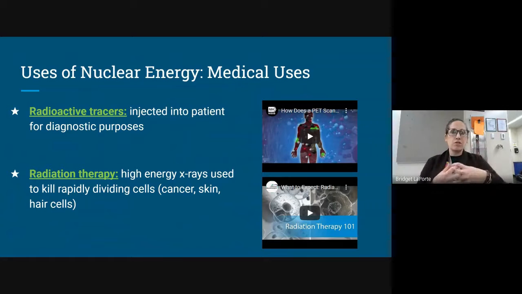And the purpose of that radiation is to make sure that those uncontrolled cells stop dividing. And again, there is a quick little video that discusses how radiation works in terms of therapies for cancer patients, as well as other conditions that might need that type of therapy.